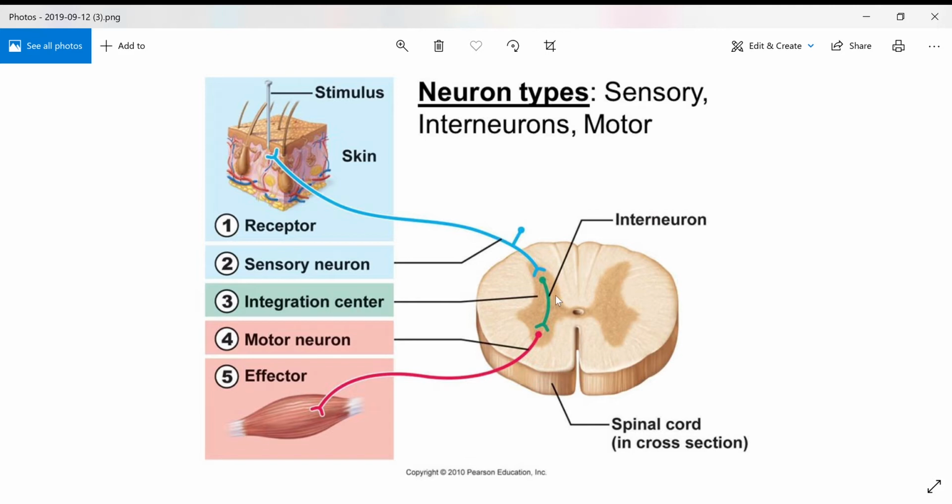So once it figures out what to do with this information, it then sends another signal into the motor neuron, which will then communicate to the effector, which could be a muscle, a gland, something like that, in order to respond to this stimulus that we received by the sensory neuron.